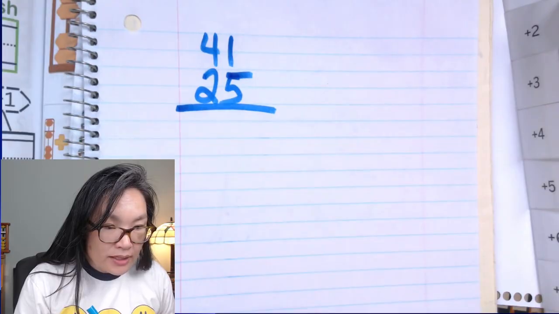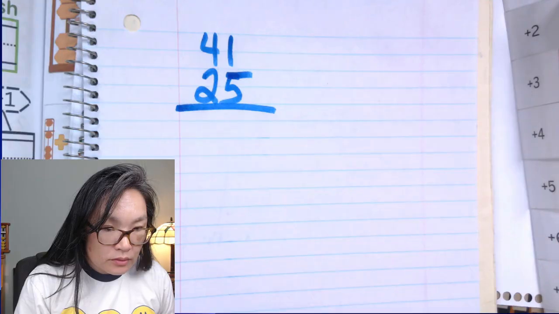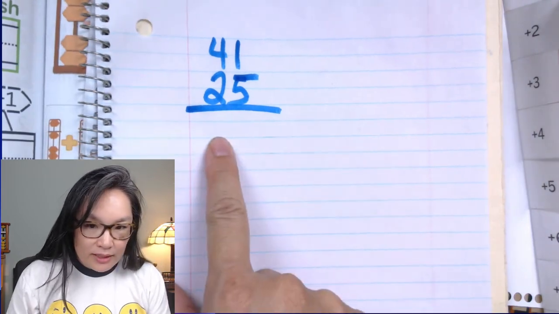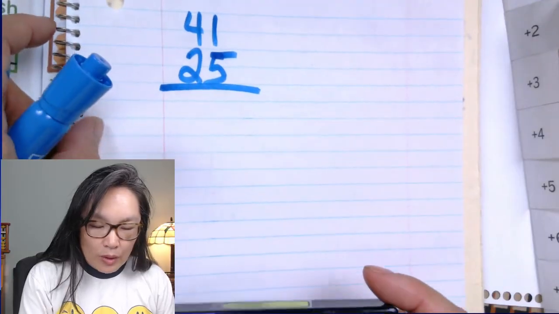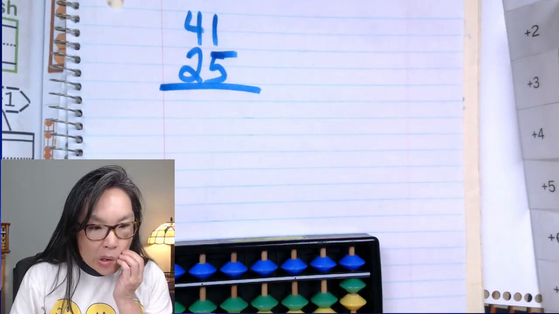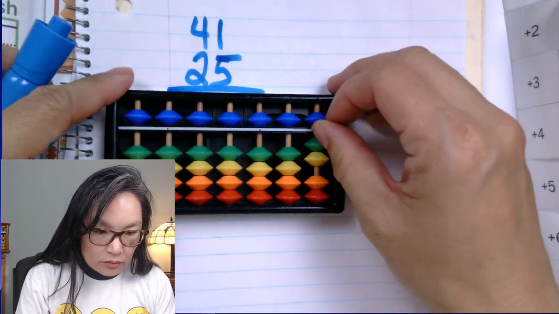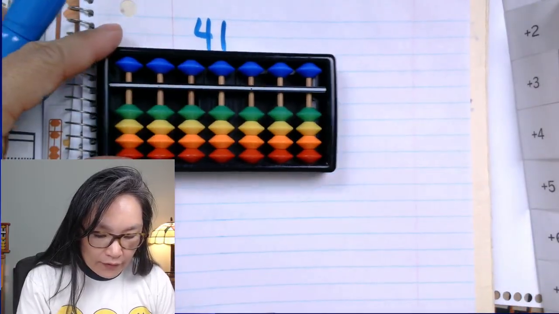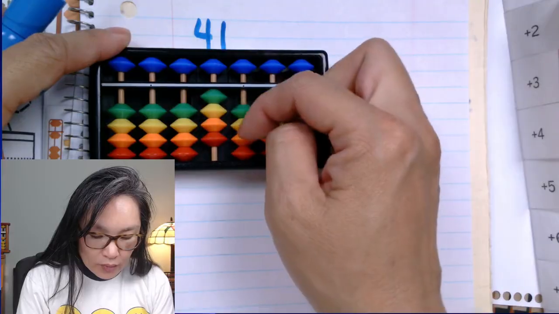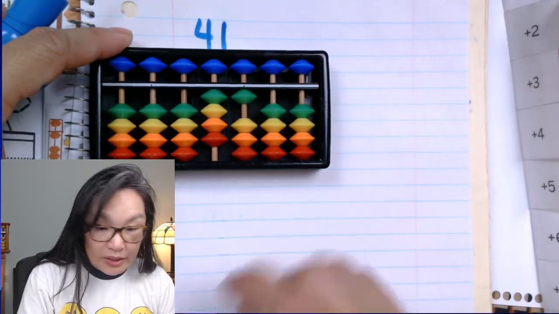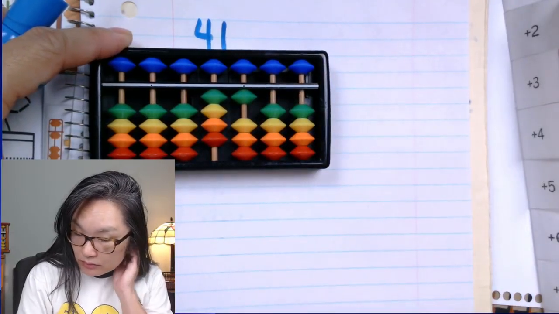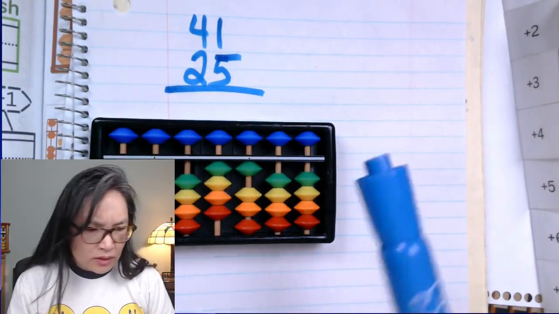How do you add and subtract bigger numbers with bigger numbers? Bigger numbers like this? Or you want bigger? I'm going to add 41. Bigger? Like, how many bigger? Oh, I had a bigger one.